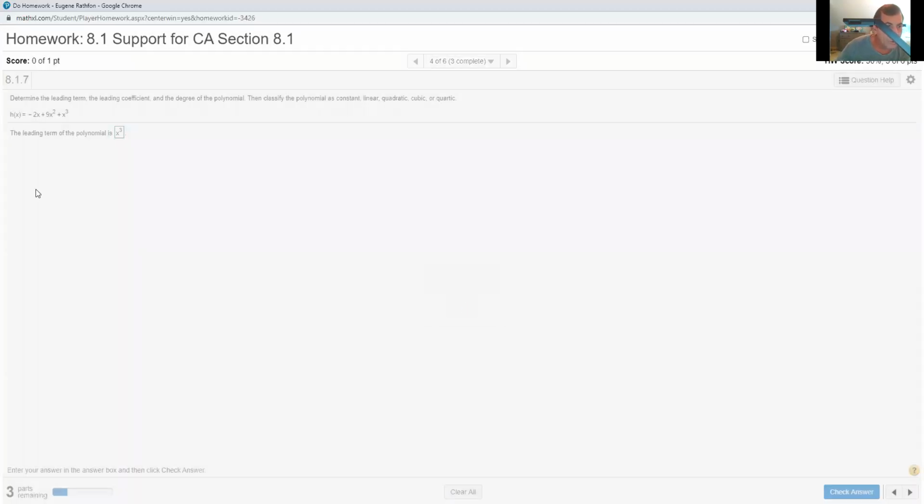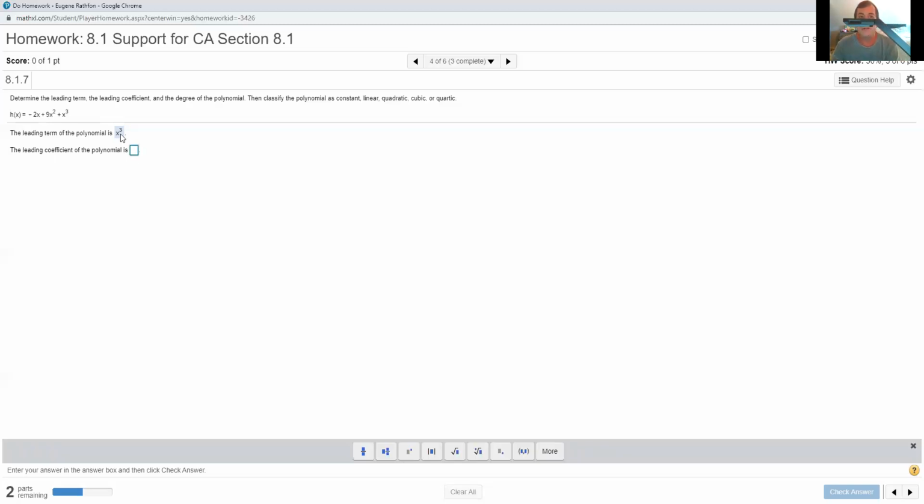Then they want to know the leading coefficient. That's the number in front of the x to the third. Well, remember, when we have variables that don't have a number in front of them, it's got to be a 1. We had a lot of 1s in math.